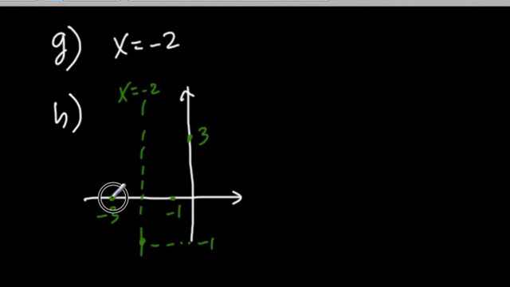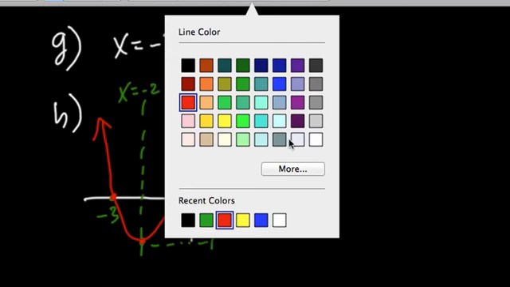So let's plot these points. I'm just going to put that in red. And now all I'm going to do is connect this, like that. So this is our parabola. This is a sketch of our parabola.